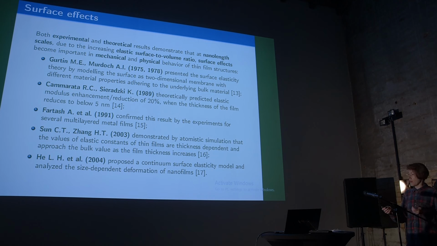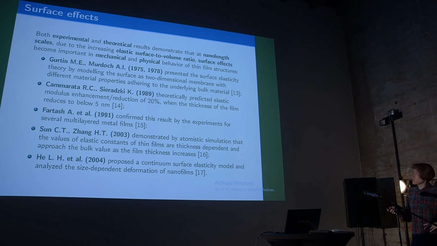For example, if we take a tube on a microscale and a nanotube from, I don't know, aluminum, they will have different properties, and properties of nanostructures can't be described by continuum models.